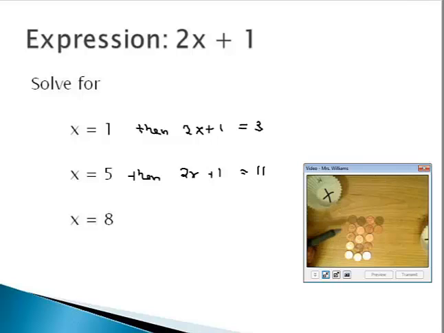If x equals 8, then 2x plus 1 is equal to 5, 10, 15, 17. Okay, so that's how we use x boxes to solve for a number in a specific expression.